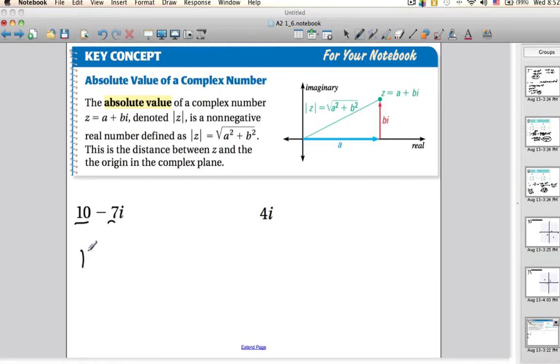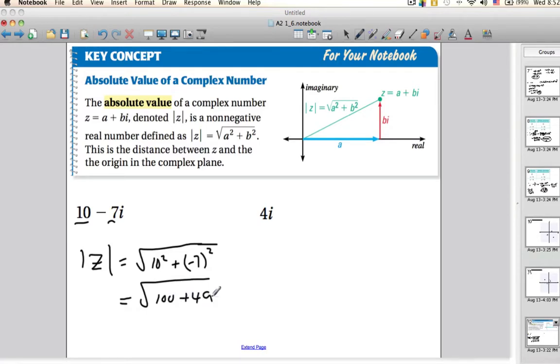So here I could say the absolute value of z, so we're using z as the complex number, is equal to the square root of the real number squared, 10 squared, plus the coefficient from the imaginary number squared, which would be the square root of 100 plus 49. Remember, when I square -7, -7 times -7 is positive 49. Okay, so this is equal to root 149.